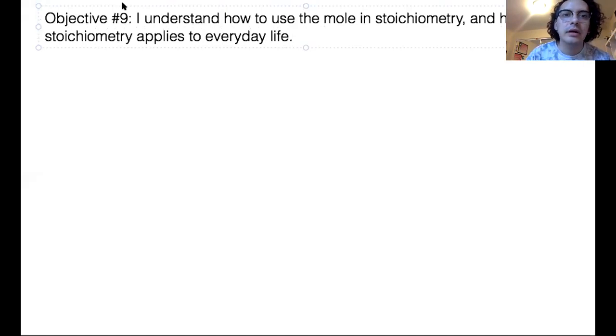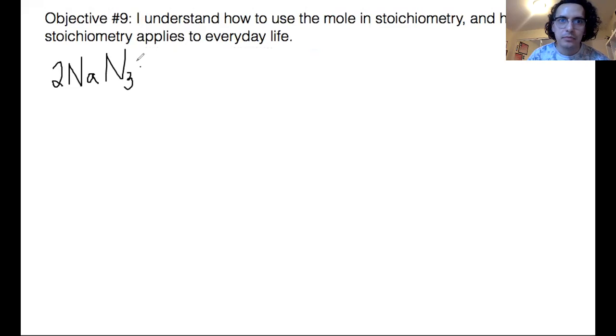So here, in order to show you stoichiometry, we are doing the chemical reaction: 2NaN3 decomposes to produce 2Na plus 3N2.